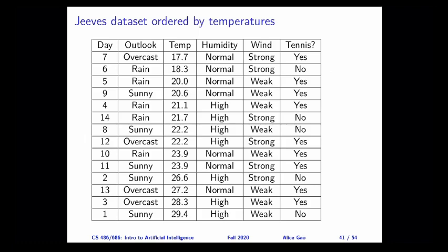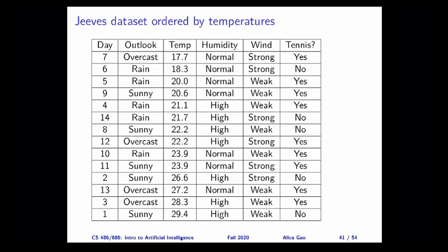Once we restrict to binary splits only, a real valued feature becomes very similar to a discrete feature, except that the real valued feature has a very large domain. For example, for temperature, there are 12 different values. Think about this as a discrete feature with 12 values in its domain.